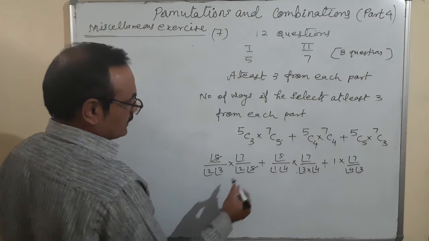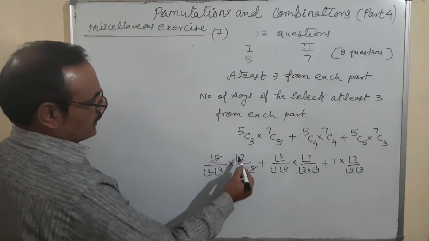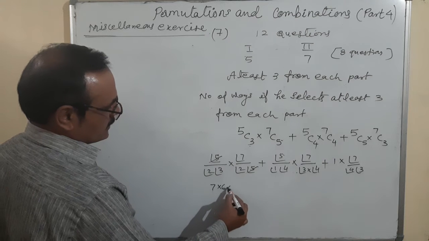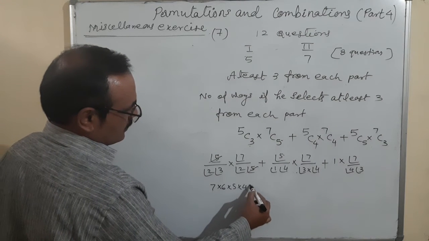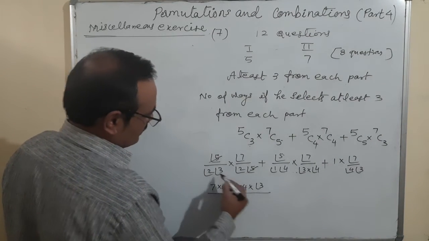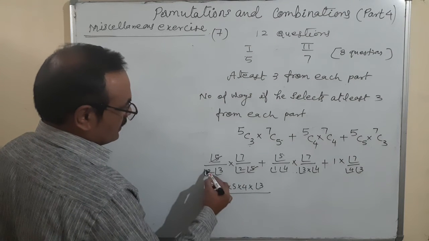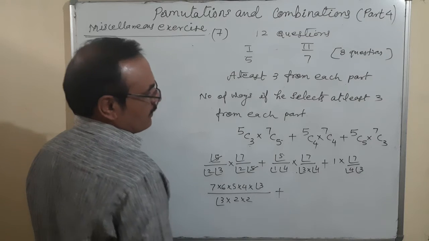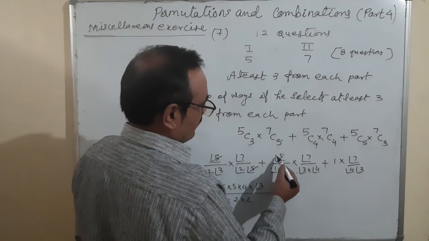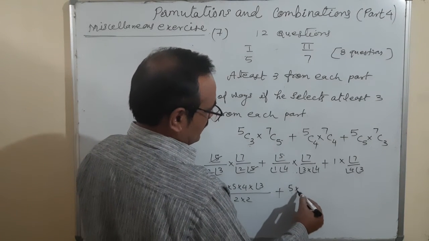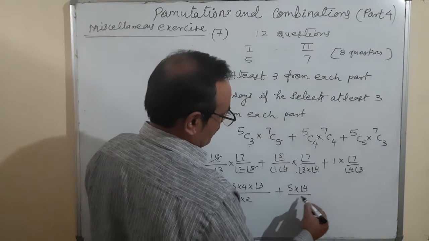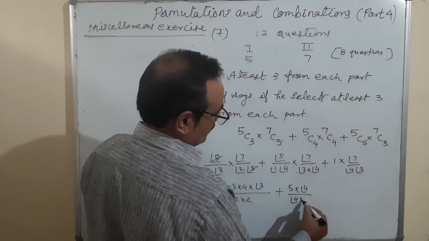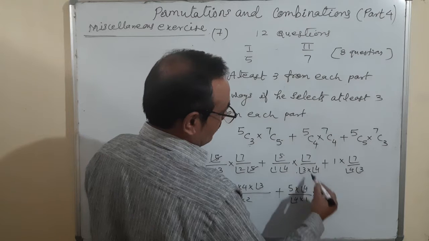Factorial 5 will cancel. Here it is 7 into 6 into 5 into 4 into factorial 3 upon factorial 3 into 2 into 2, because factorial 2 is 2, the same thing. This is factorial 5, 5 into factorial 4 upon factorial 4 into factorial 1, that is 1.